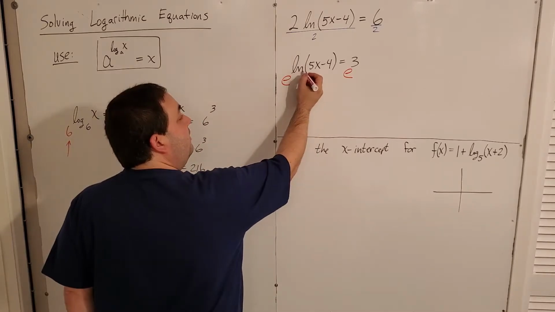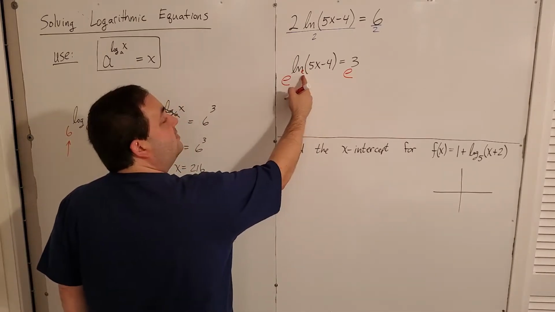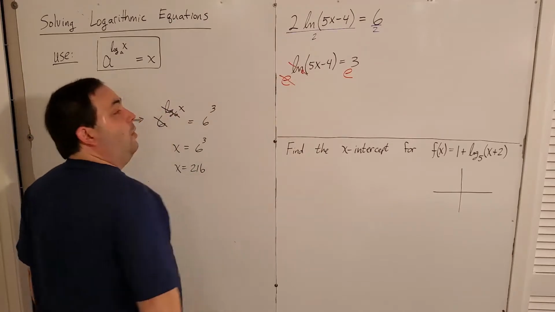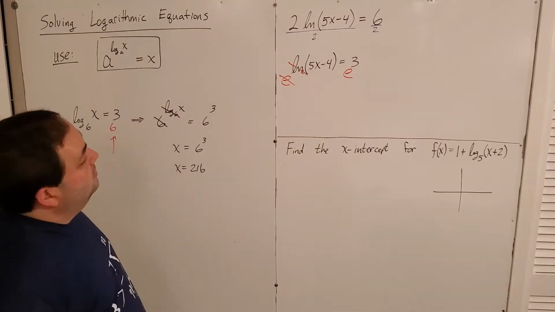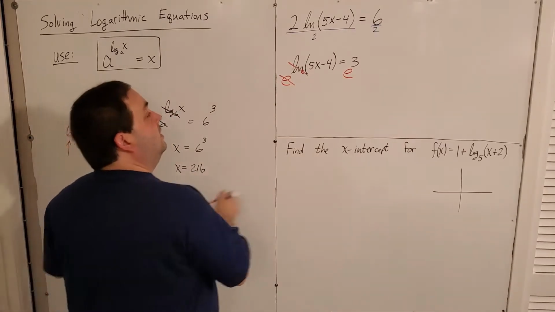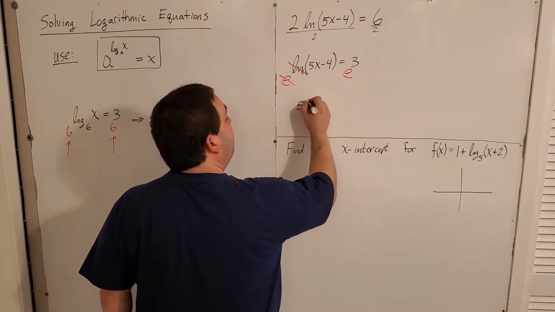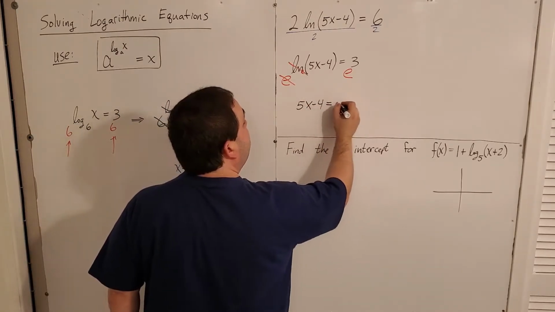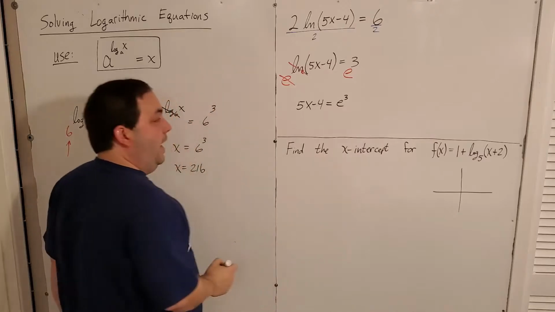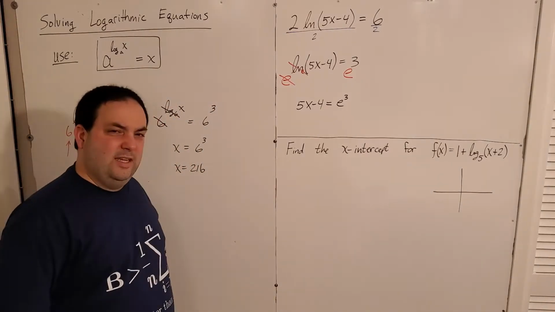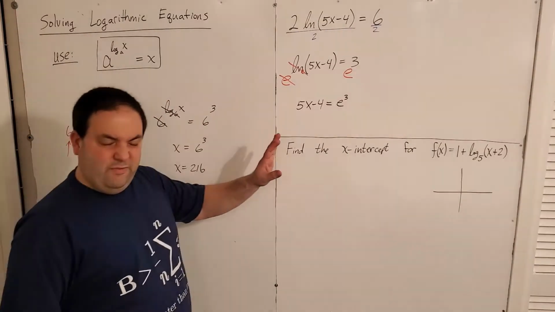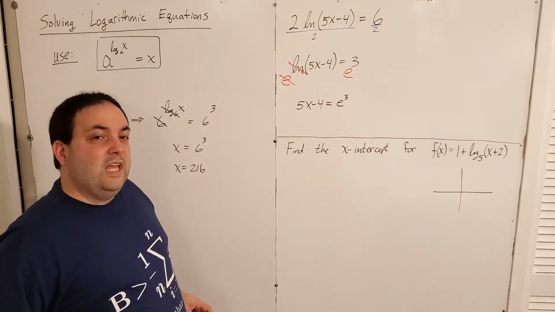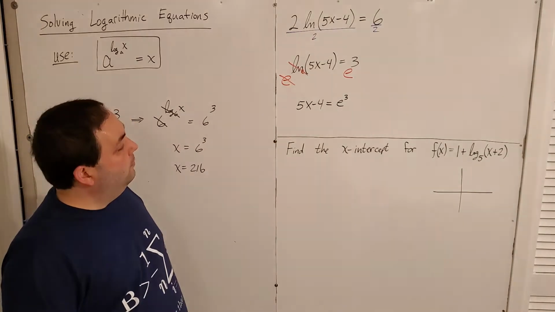Now these two have the same base. Remember, this is base e also. So these are going to go away. So what does that leave me with? I have 5x minus 4 is equal to e to the 3rd power. Now, of course, e to the 3 is an irrational number. I'm just going to leave it like that for now until the very end, and then I can punch it in and get a number for it.